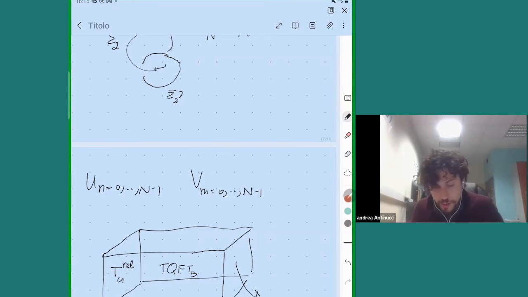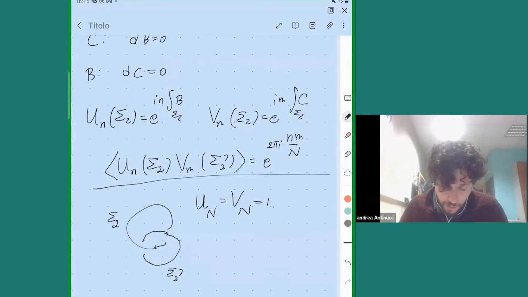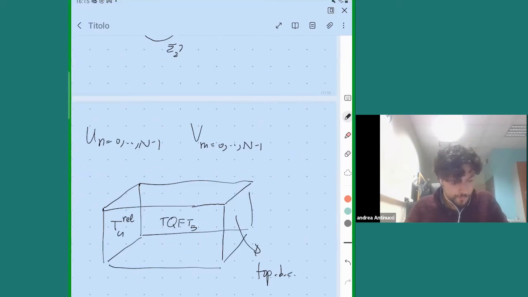So this is a TQFT. A TQFT can have topological boundary conditions, namely boundary conditions which, to be defined, don't require introducing a metric on the boundary. For instance, Chern-Simons theory famously typically doesn't have topological boundary conditions, only conformal boundary conditions. But this kind of TQFT in 5 dimensions always has topological boundary conditions.